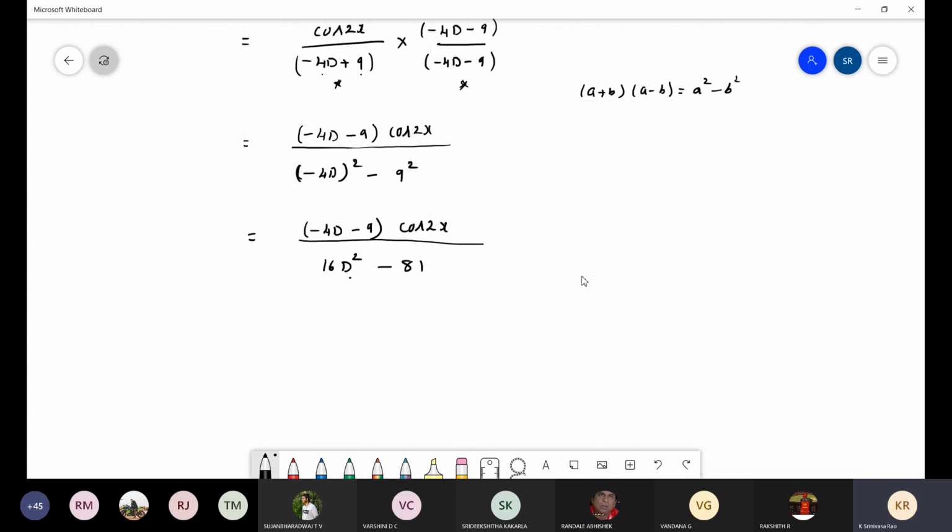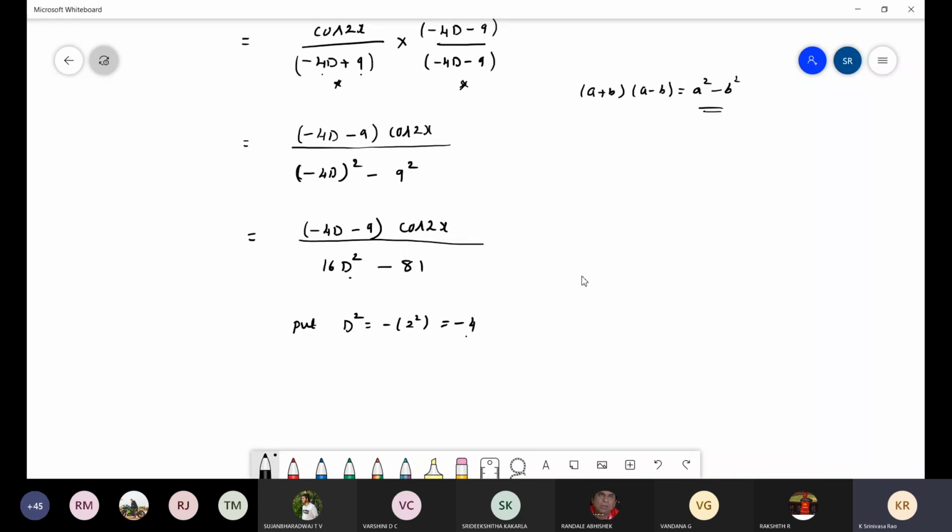So put D square equals the same substitution, minus of 2 square, nothing but minus 4. Since D square is also negative here, minus 4, and this is also minus, always you will get minus only because of this formula, a square minus b square. Since both are negative, there is no question of cancelling the term, and you should not get 0. You will get some answer.